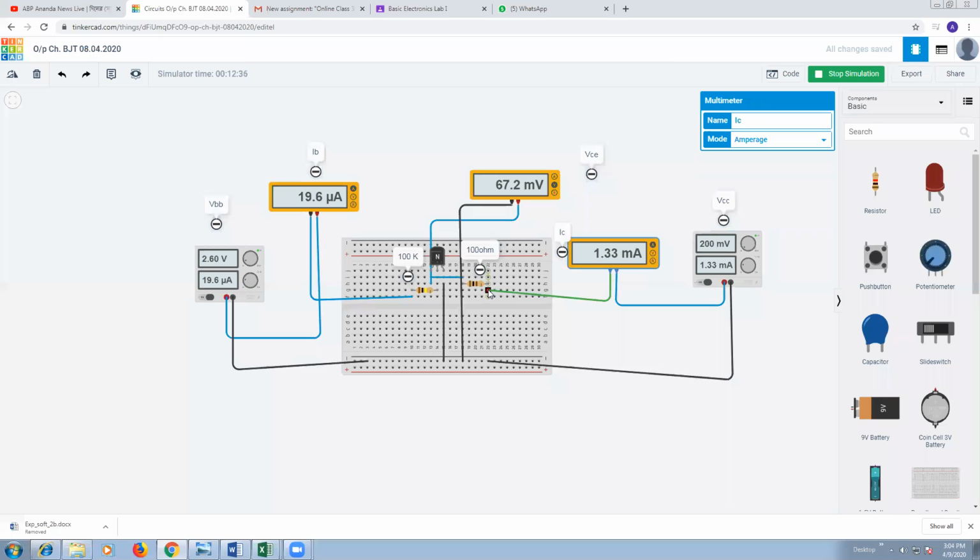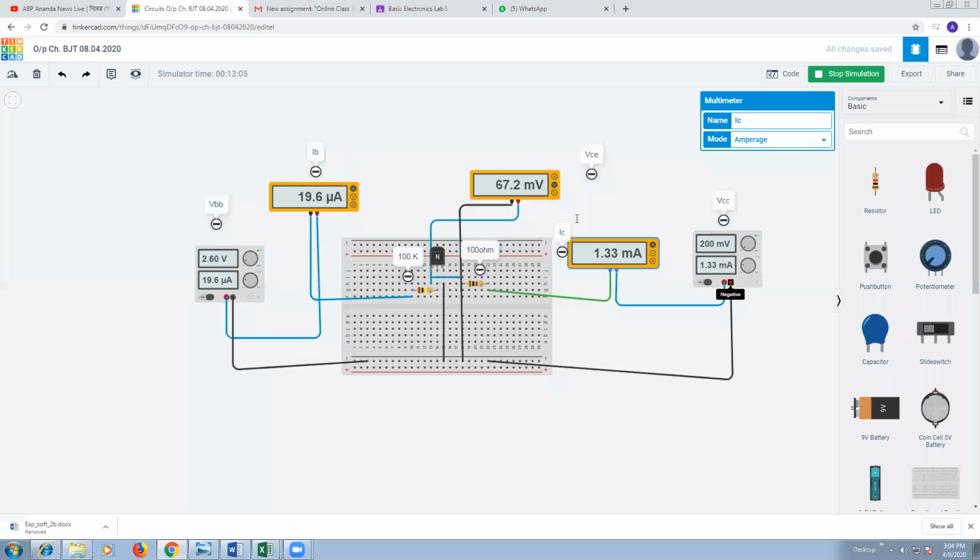Please mind the color code of this resistor. It is brown, black, brown, which denotes 100 ohm. Then the other terminal of the 100 ohm resistor is connected with the collector terminal. Then the emitter terminal should be connected with the negative terminal of VCC.